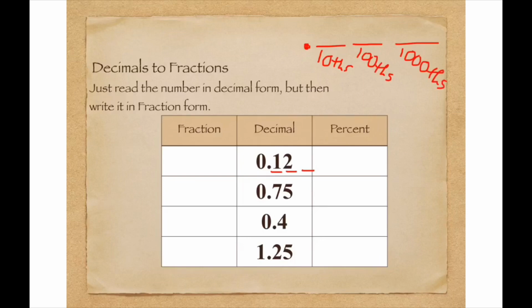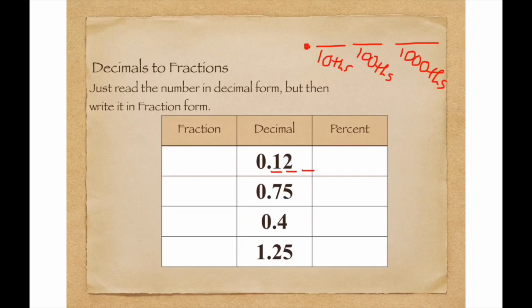When you read these, it's all according to those places. What you want to do is read the number normally, and then go down below to find the place of the last digit that you read, and use that number like we have up above it. So for example, we're going to look at this 2 here. When we read it, we're going to say 12, but we're going to focus on that last digit.